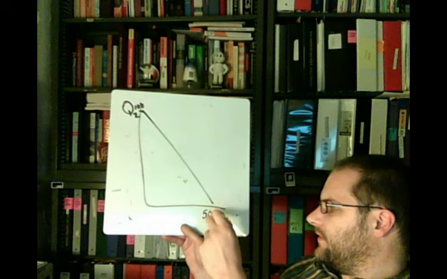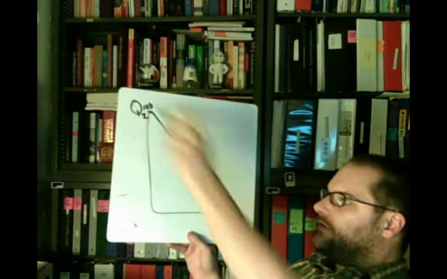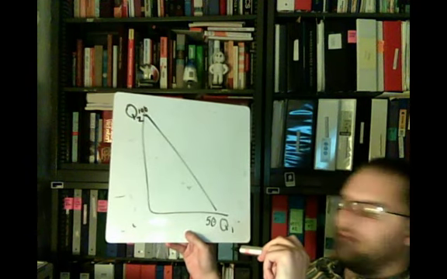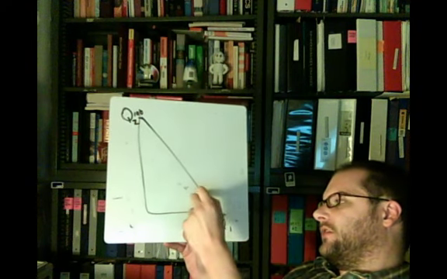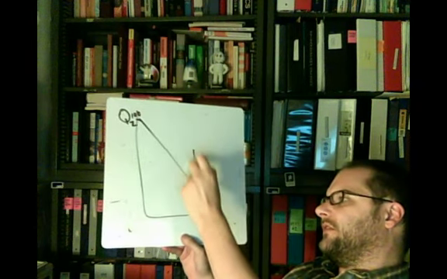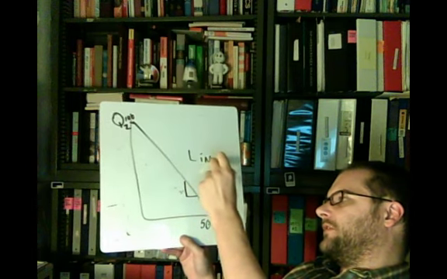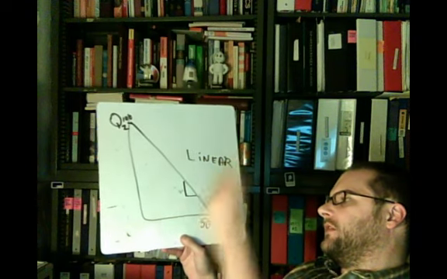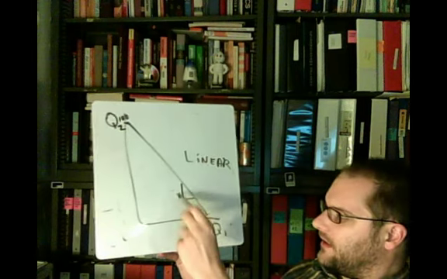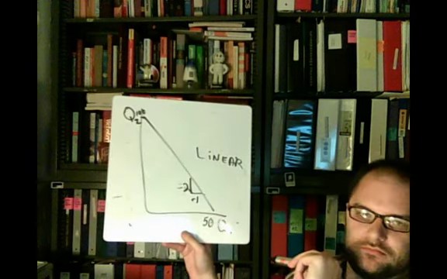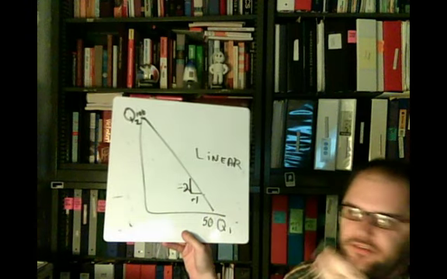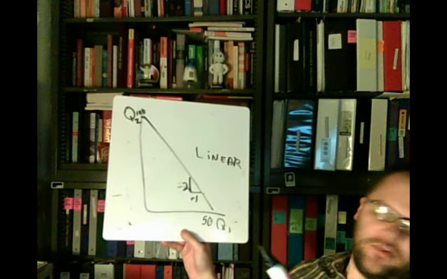So 50 units of good 1 here, 100 units of good 2. Those are my intercepts. Now if I'm on the frontier, in this linear production possibilities frontier, the trade-off is always the same. This is falling by 2, this is increasing by 1. Just as an example here for the numbers.